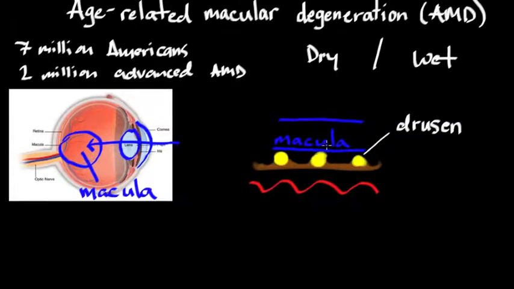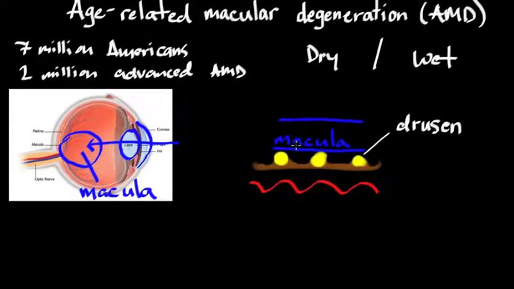And unfortunately, remember, the macula depends on that pigment layer for nourishment. So when you don't have a healthy pigment layer, when you have these waste products, drusen, as well as atrophy of that pigment layer, then the retinal cells start to get unhealthy, start to break down and degenerate, and unfortunately start to die.